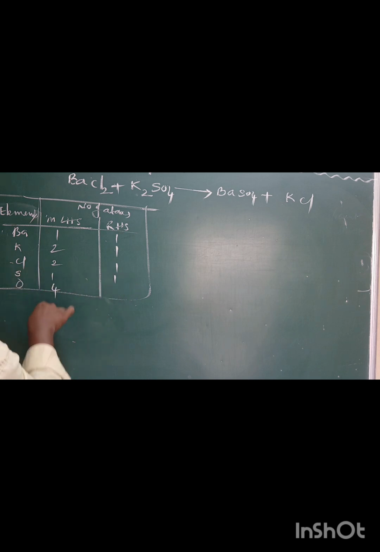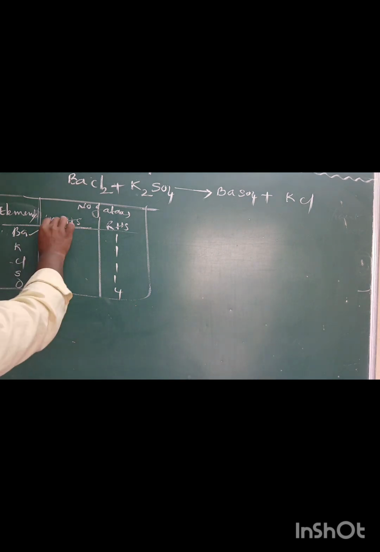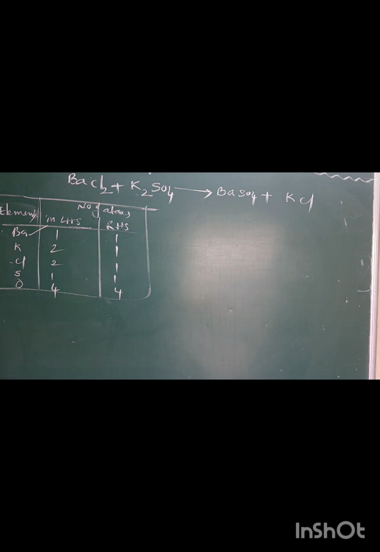Oxygens here 4, here also 4. Okay, barium atom is balanced and potassium and chlorine are not balanced. Sulfur, oxygen, barium are balanced. Remaining are not balanced.